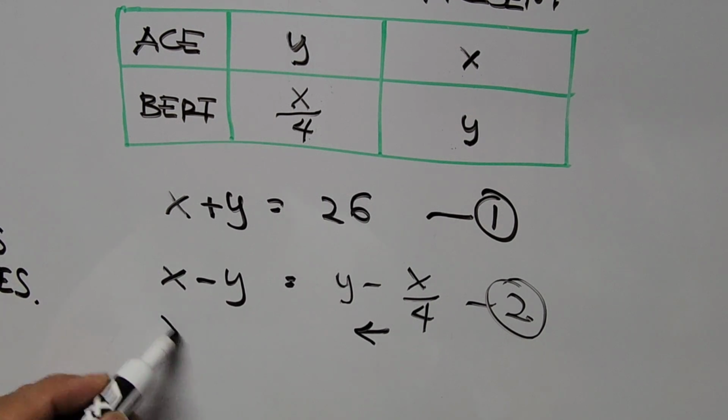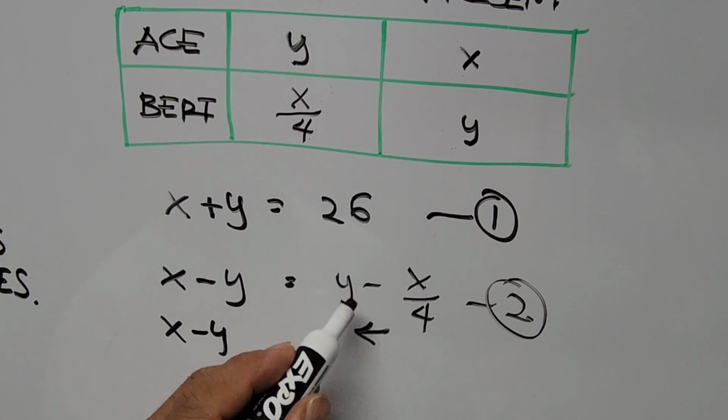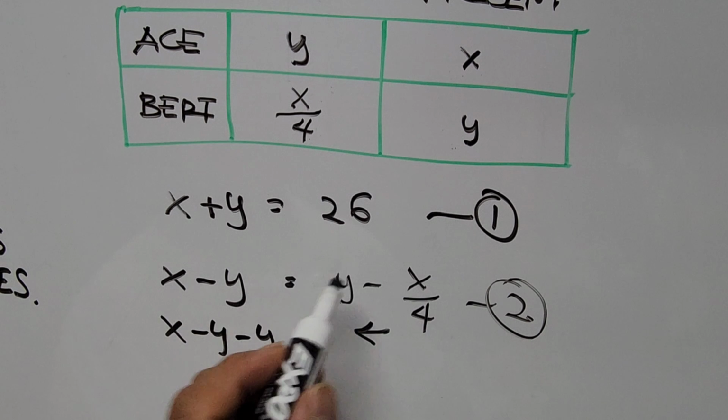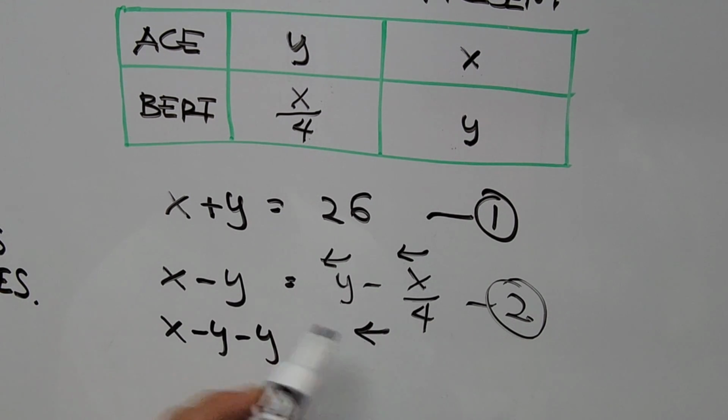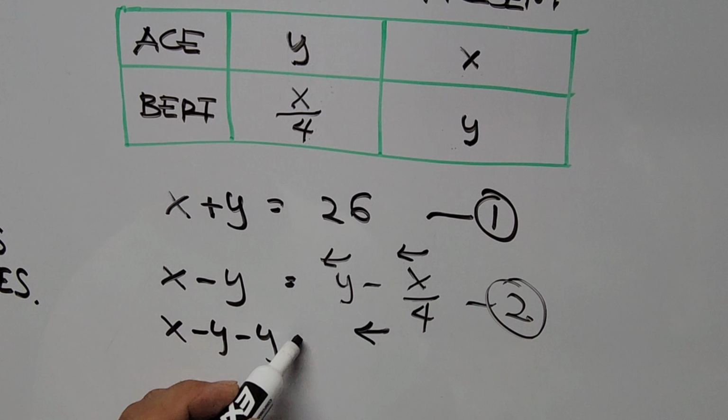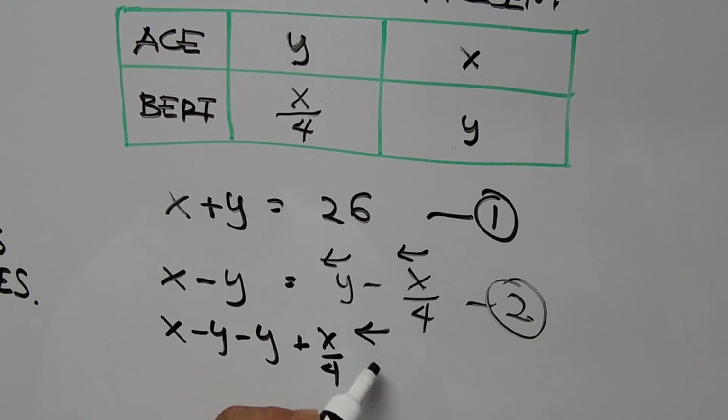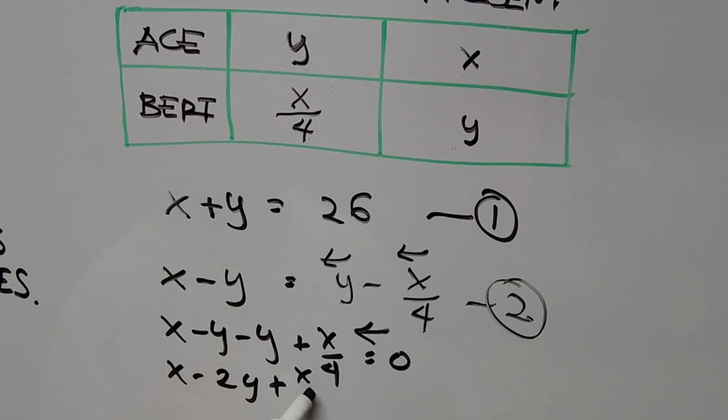So this is now x minus y, then minus y, right? Bring this negative x over 4 to the left and it will be positive. So that's positive x over 4 equals 0. So now we have x minus 2y plus x over 4 equals 0.